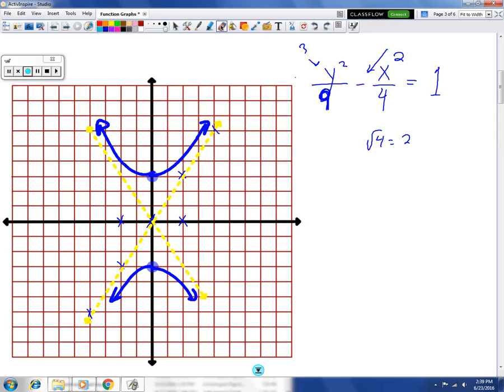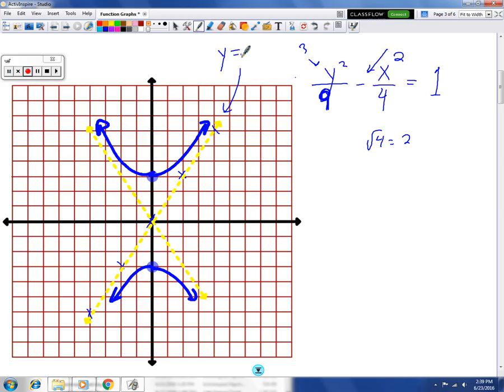I erase my two little X marks. Alright, so there's my hyperbola. It's got two asymptotes, and it's got two branches. The curves, the blue, which are actually the graph itself, are called branches. Let's do the equation of this asymptote.